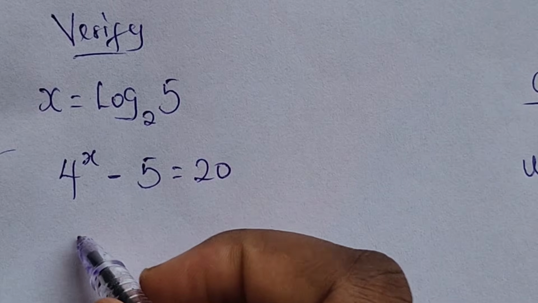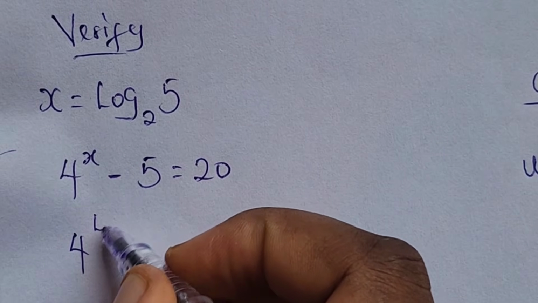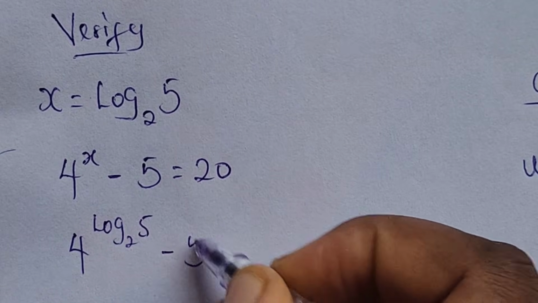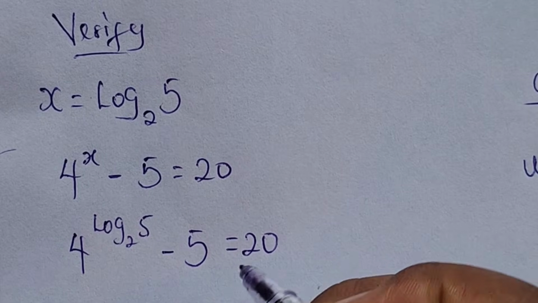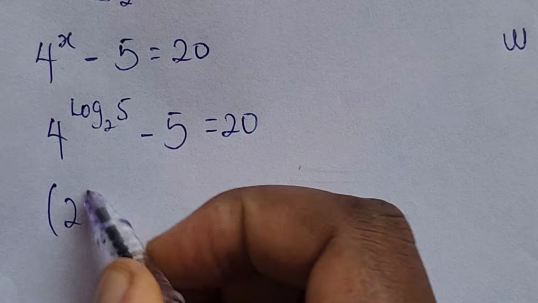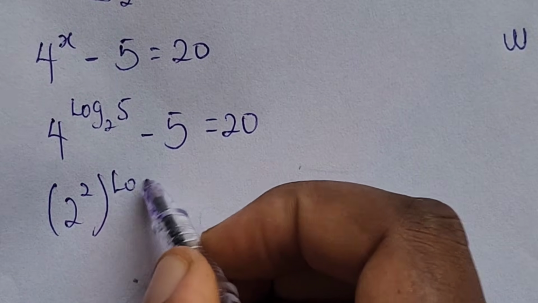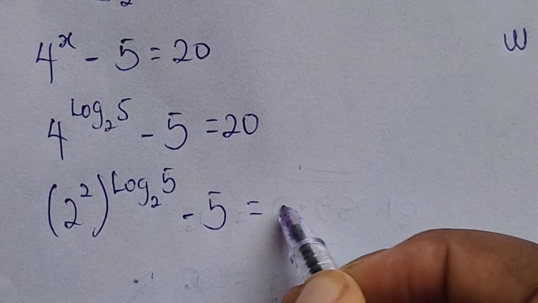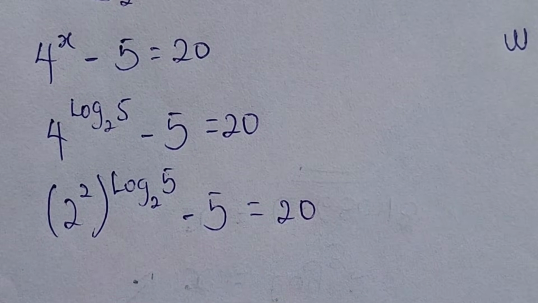So to verify this, we'll be having 4 to the power of log to base 2 of 5 minus 5 is equal to 20. So our 4 here is 2 to the power of 2 times log to base 2 of 5 minus 5 is equal to 20.